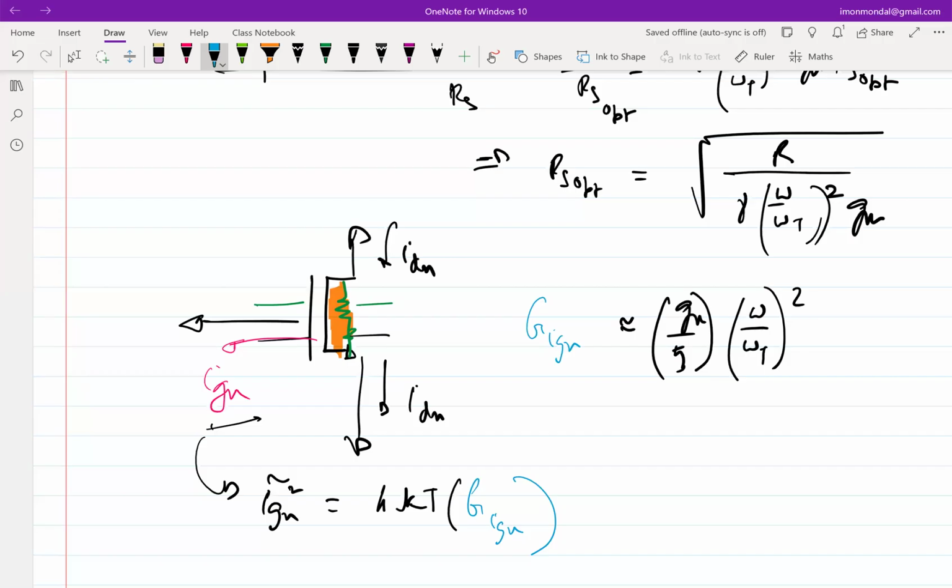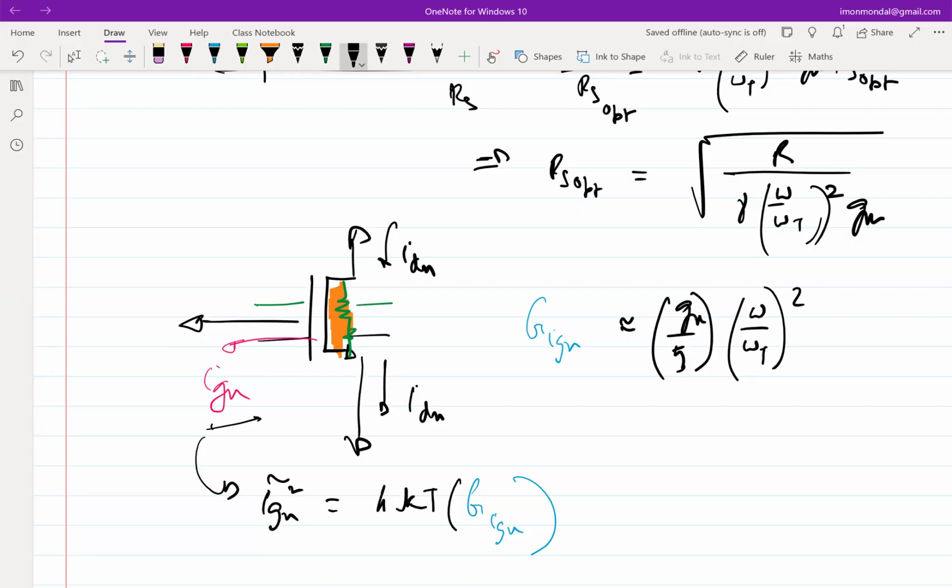Now, the value of this expression is not important. The part that you should focus on is that it has a high pass shape, which means as frequency increases, this becomes more dominant, and it is also proportional to GM. That makes sense because the original IDN was also proportional to GM.